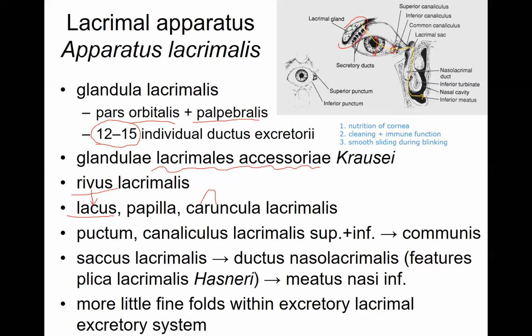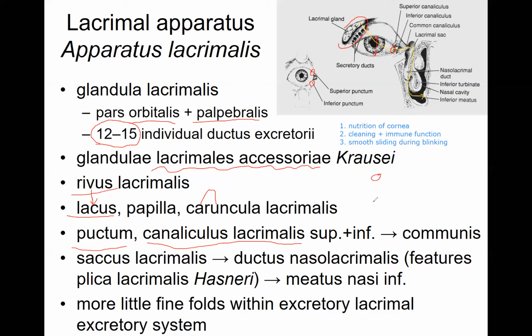And then we have two openings of excretory ducts. And these openings are at the margin of the eyelid. So you can nicely see them if you look into the mirror. So we call them points, puncta. And from these the canaliculi start. We have superior and inferior.